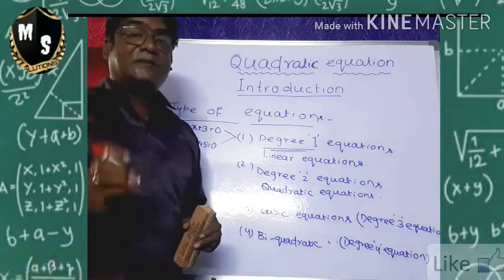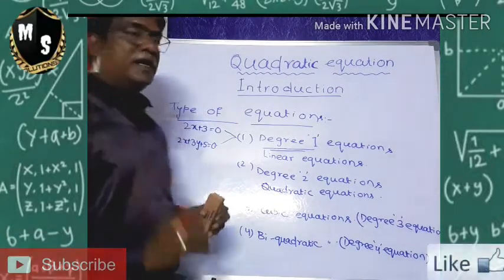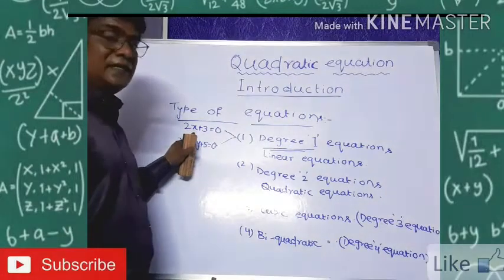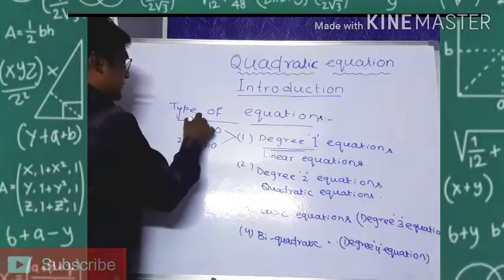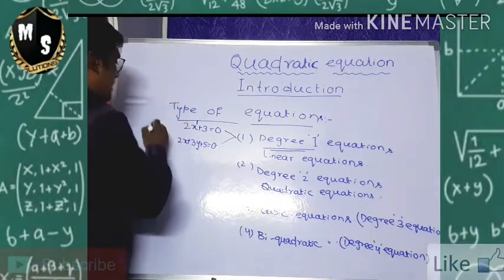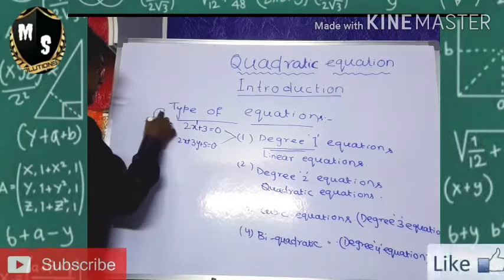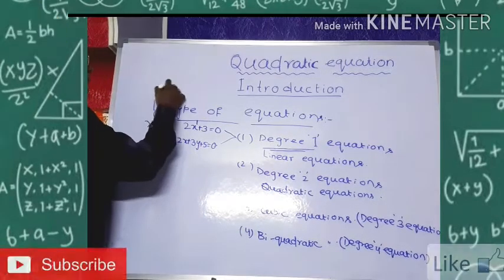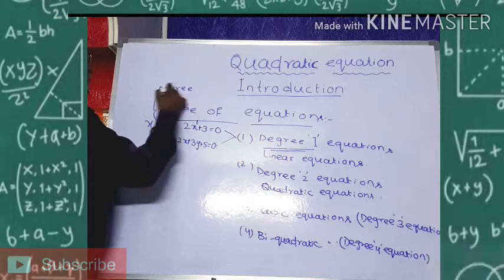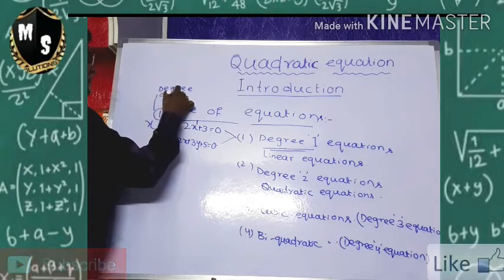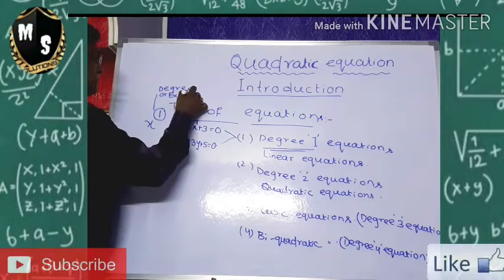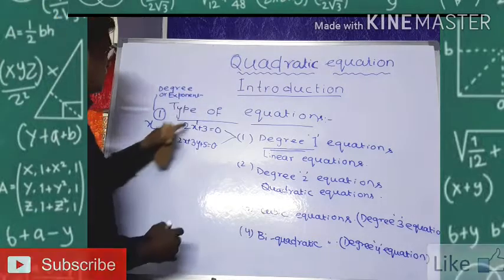Now what is the variable here? x. So what is the degree? x to the power 1. This 1 is called the degree or exponent. Whatever you want to say, degree or exponent. Clear? So what is the degree here?